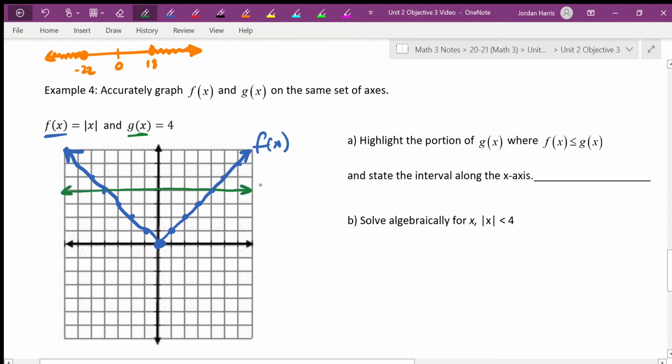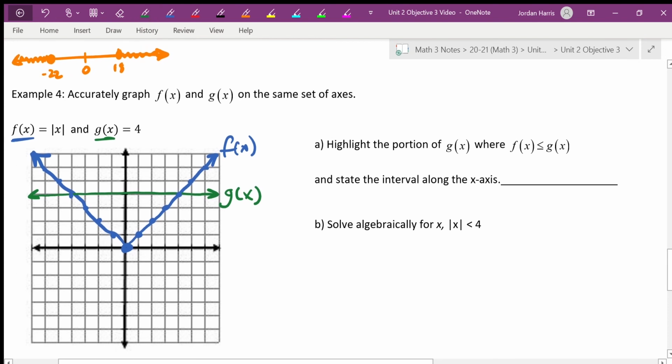Okay, but it's not that simple. Now you have to really think about it. It says highlight the portion of g of x. So we're going to highlight g of x, that's the horizontal line there. Highlight the portion of g of x where f of x is less than g of x. So we're going to highlight where f of x is below, less than, when we're talking about y values.